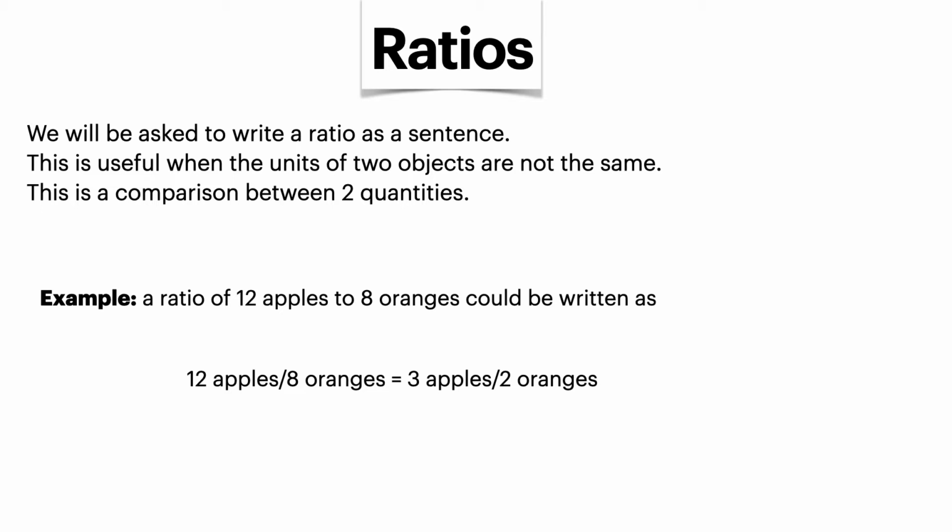Since they both have 4 in them, I can take the 4 out. 3 times 4 is 12. 2 times 4 is 8, so I can take the 4's out, and then this is an equivalent ratio, 3 divided by 2, or 1.5 as we saw before. So 3 apples to 2 oranges. A sentence would be, there are 3 apples for every 2 oranges. When we write our sentences, it is usually best to write them as a reduced number like this.